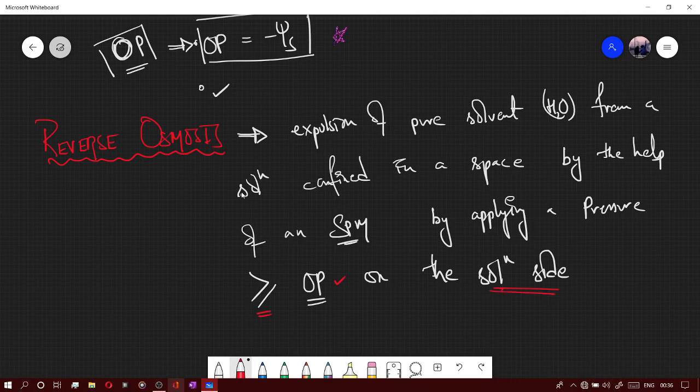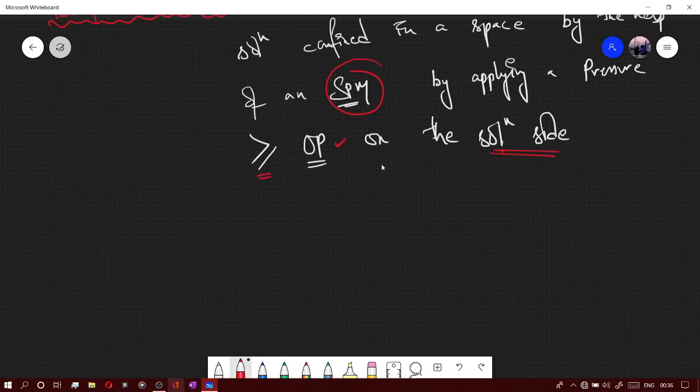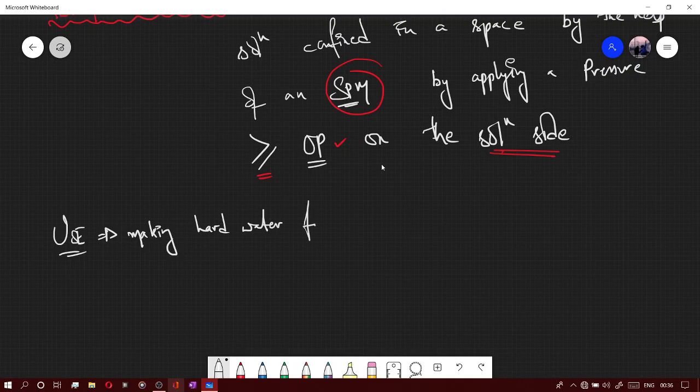On the solution side, right? And the fact that it is bounded by an SPM. This is known as reverse osmosis, and one of its popular uses is making hard water fit for drinking.